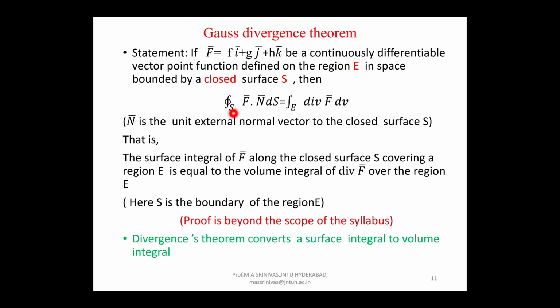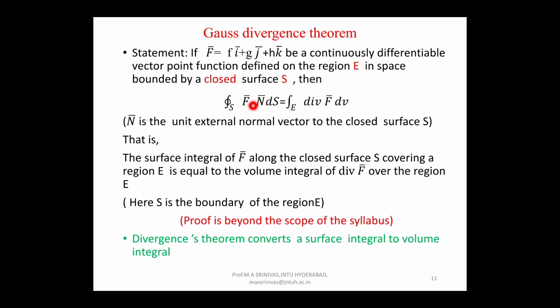So the surface integral of f bar dot n bar ds, if you want to find the surface integral for that closed surface of this f bar, is simply equivalent to finding the volume integral of the divergence of f bar, not of f bar. Find the divergence of f bar, which is a scalar point function, and integrate over that region E. That's what the Gauss divergence theorem says.